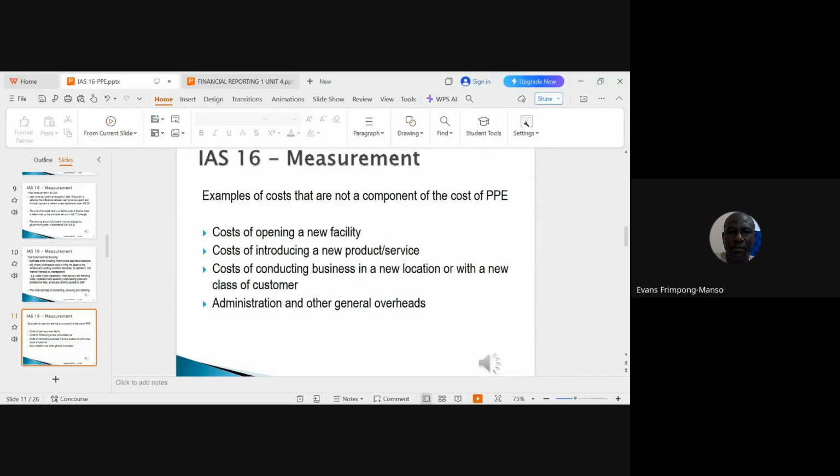Cost of conducting business in a new location is not part. Administration and other general overheads are not part. The costs which are part are those costs which can be directly attributable to the property, plant, and equipment. In that sense, it will form part and parcel of the cost of the asset.